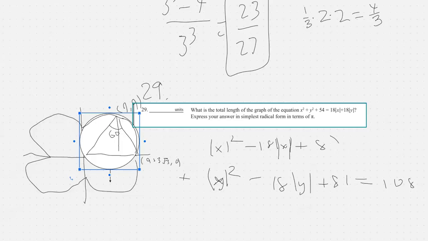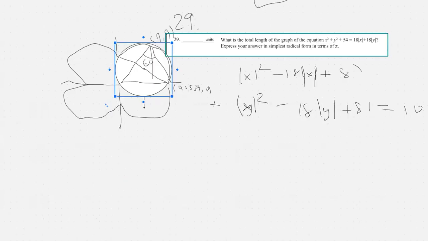And then you can also find the center here. Wait, this graph is really terrible. I'll just redraw it. So it's a shape like this.